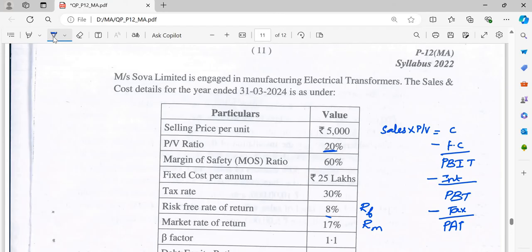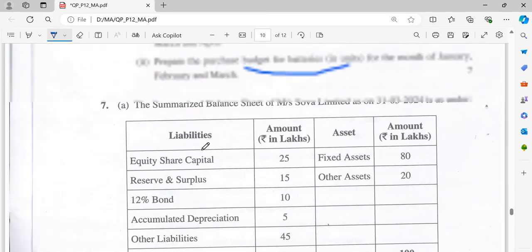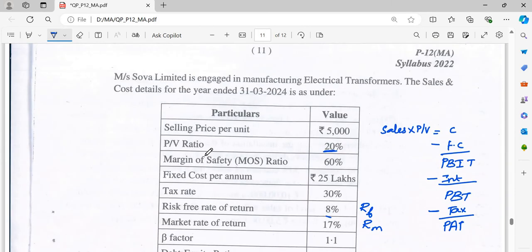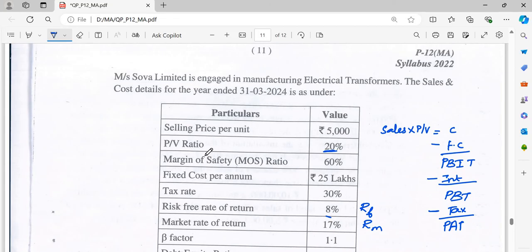So now let's calculate what is our contribution. So here we have 5,000 as selling price. How many units we are producing? Here we don't have any information mentioned straight away, right? So we can calculate first contribution per unit.